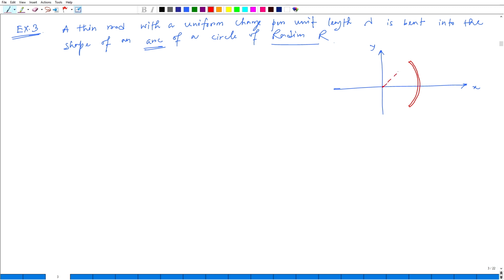That means the end point of the arc makes an angle 2 theta naught. Since this is symmetric about the x axis, the angle from the x axis is theta naught on this side and theta naught on this side, such that the total angle is 2 theta naught, symmetric about the x axis.